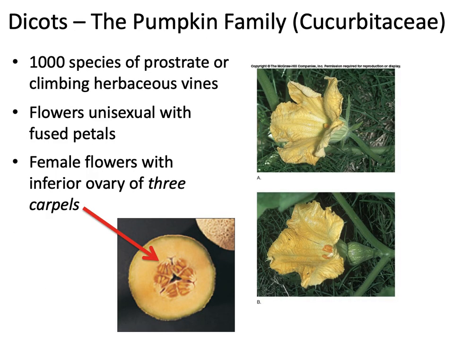Next up is the Cucurbitaceae, which is the pumpkin family. It's about 1,000 species of prostrate, low-growing, herbaceous vines. The flowers are unisexual with fused petals, and the female flowers will always have an inferior ovary with 3 carpels.